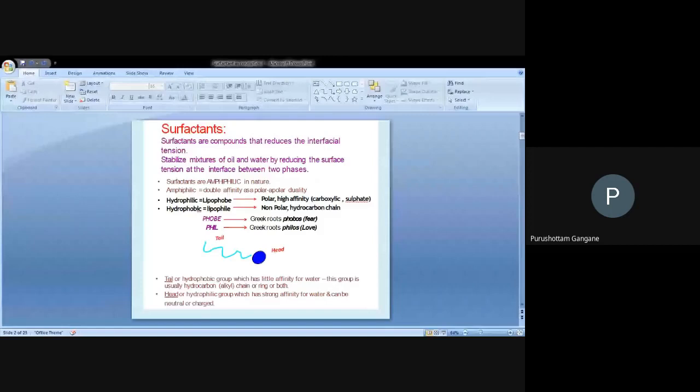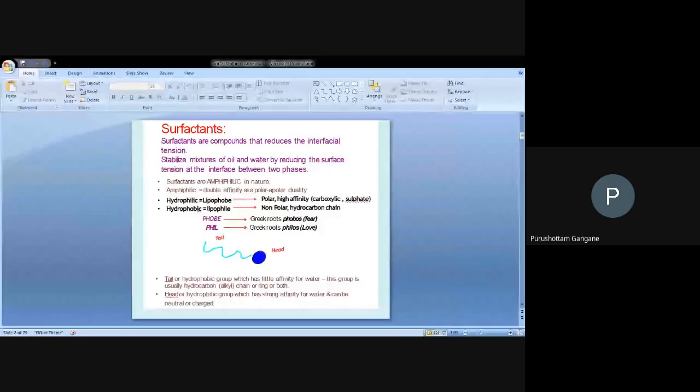But when we talk about oil and water, they do not mix with each other because interfacial tension exists between them. The reason is their nature, their polarity. Water contains polar groups, while oil, lipids or fats contain non-polar groups.